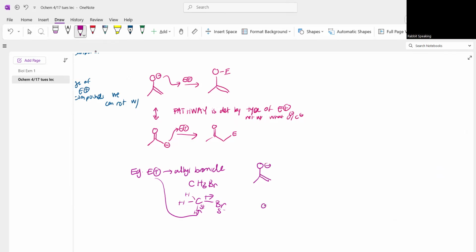And we're going to take this enolate, remember, not enol. If we react an alkyl halide, I'll use CH3X, where X indicates the halide.